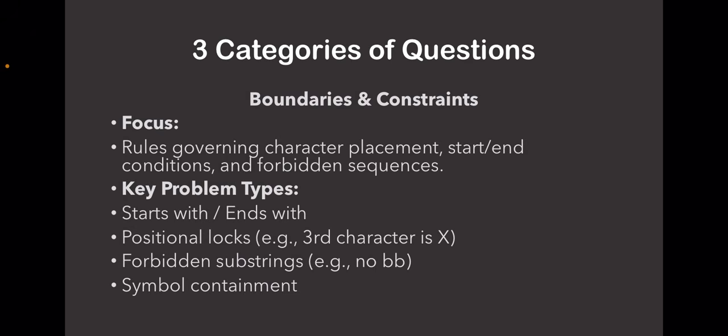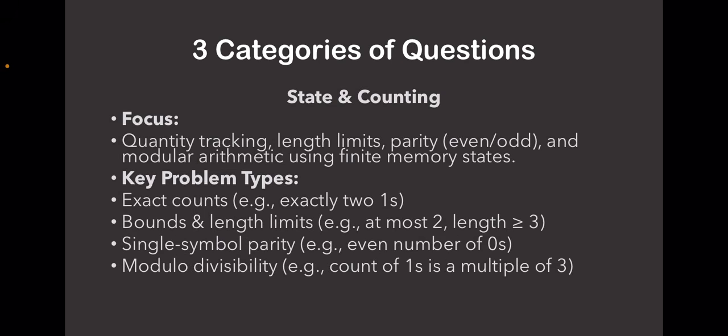Boundaries and constraints. It focuses on the rules governing character placement. We have the starts with questions, the ends with questions, symbol containment, and does not contain, that's the forbidden substrings, positional locks. And the next group is the state and counting.